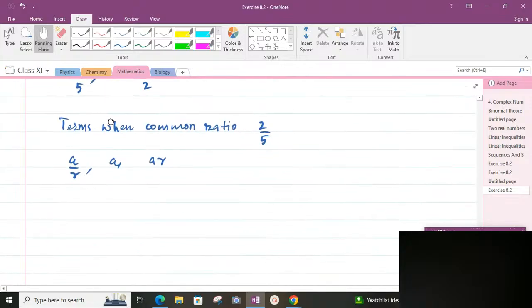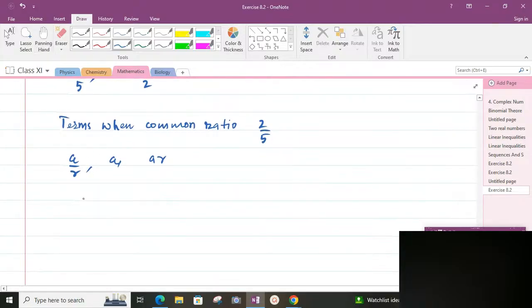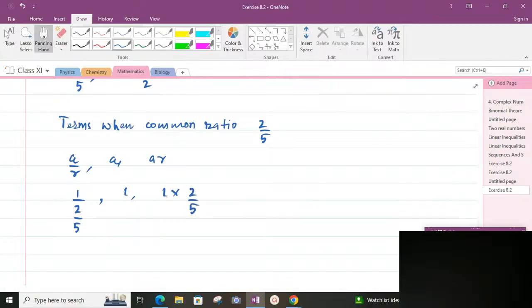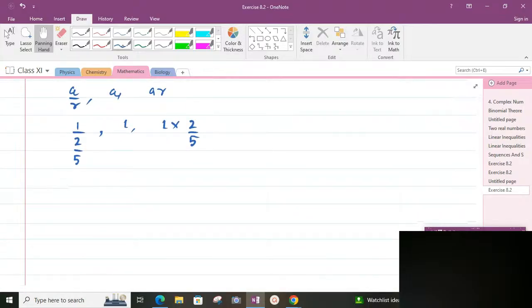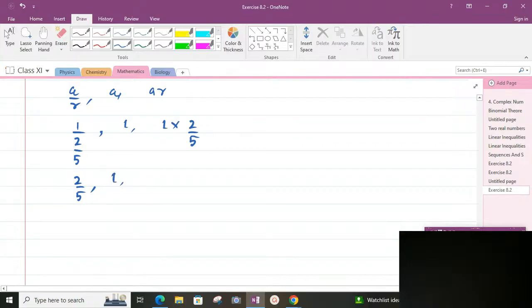Now putting the value of a and r, then here will be 1 by 2 by 5, 1, and 1 into 2 by 5. So here will be 5 by 2, 1 and 2 by 5.